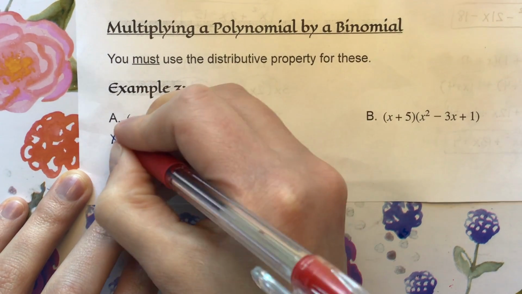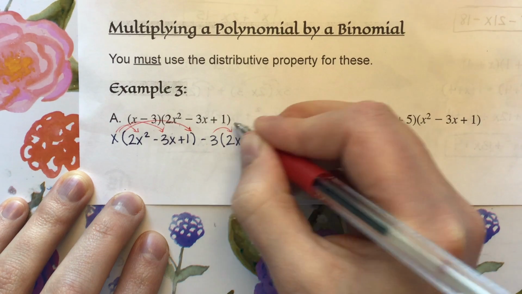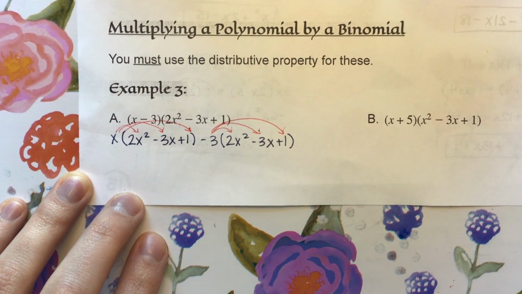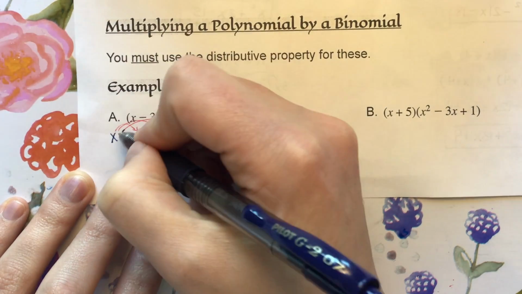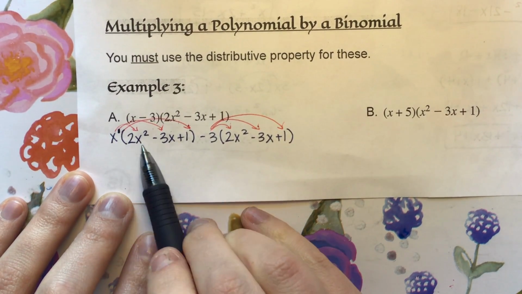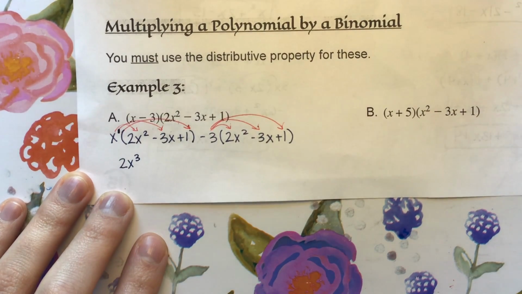So now I need to distribute this x, and I need to distribute this 3. So let's do that now. X times 2x squared. If you need to put your invisible 1 up there to remind you that there is an exponent on it, then you can. So x times 2x squared is going to be 2x cubed, because remember, when multiplying, we add exponents.